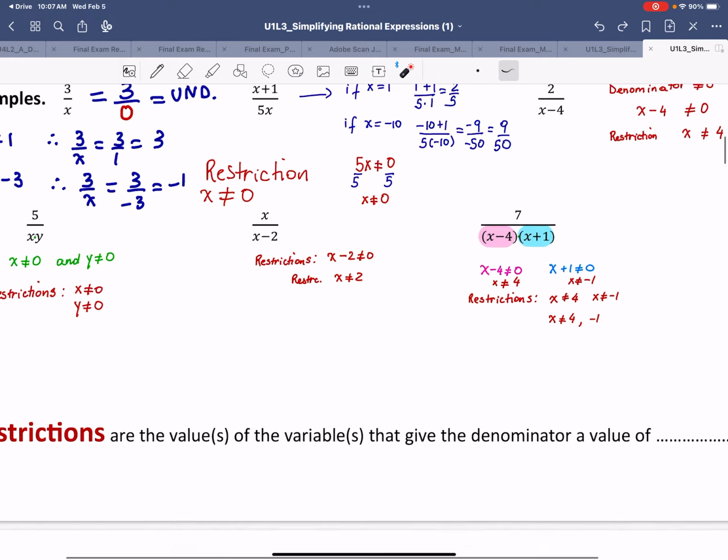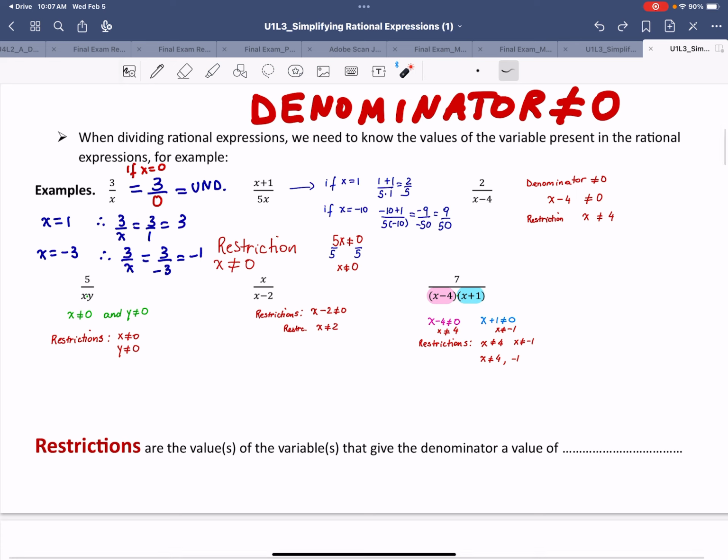So this is the idea behind restrictions, and we're going to find restrictions in various rational expressions. The examples that we looked at are examples where the denominators were given in factored form, right? But sometimes we will have to factor the denominators. For this, we're going to take a look at some more examples in the next video.